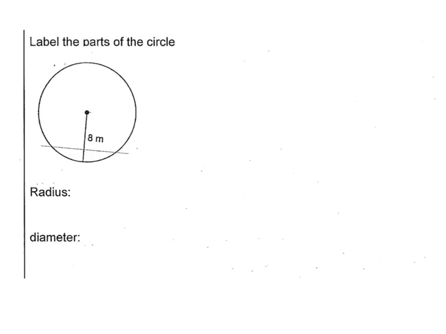Okay, so keeping in mind that the radius is the one that goes halfway, the diameter goes the whole way, we're going to practice finding those two things. So I want you to think to yourself, is this line here that's given to us a radius or a diameter? It goes from the center to one endpoint on the circle, so it's a radius. So my radius is 8 meters.